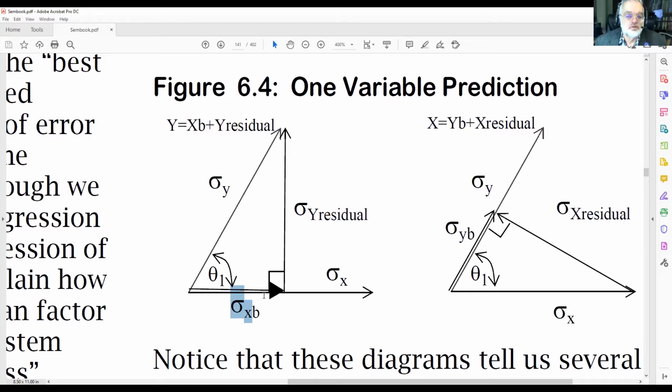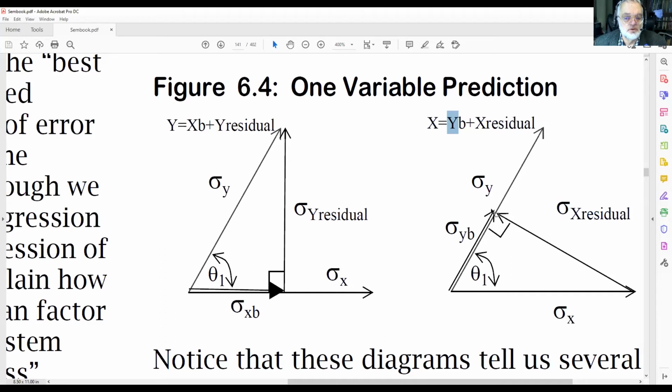Now, just to think about what another equation looks like, this equation is what this diagram is. If I flip that and I start looking at x as the criterion and y as the predictor, this is what my diagram will look like.